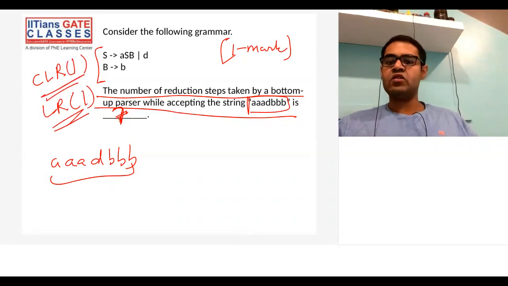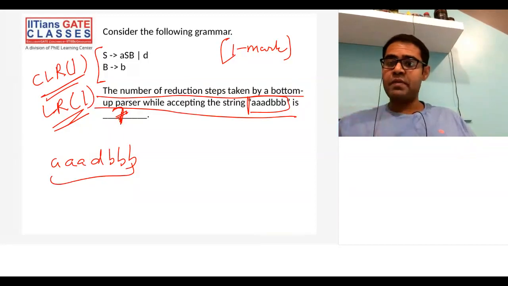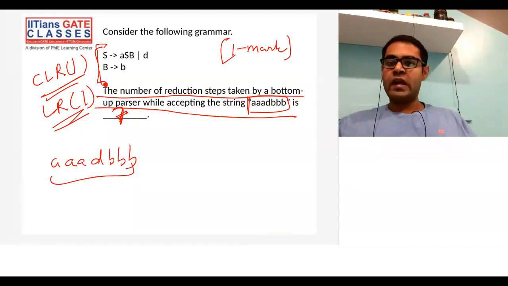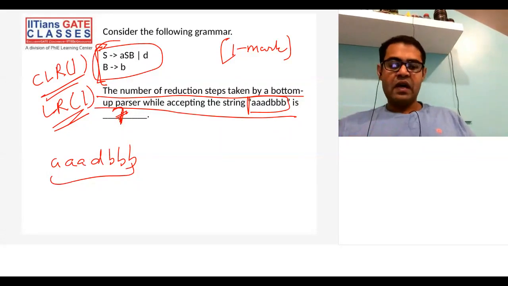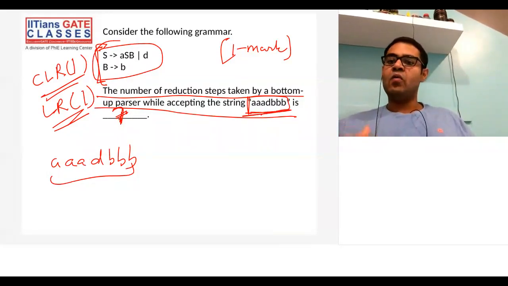You take the strongest, most powerful bottom-up parser and try to write everything. First you write your LR(1) items, draw the DFA for this language, and then create the table. After that you check this input and see how the bottom-up parser will build the parse tree in a bottom-up fashion.